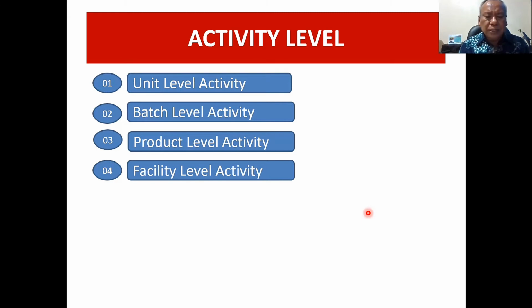So we just assign the unit level cost, batch level cost, and product level cost to product, ideally like that, in order to get accuracy of the product costing. So this is the facility level activity.